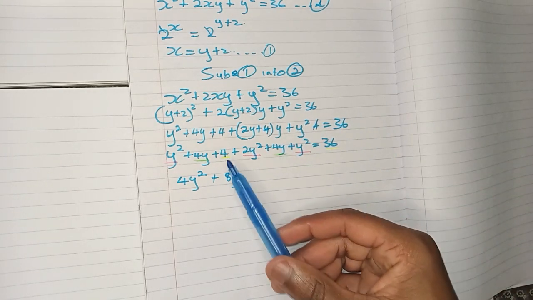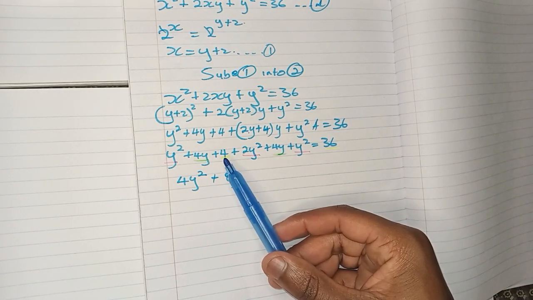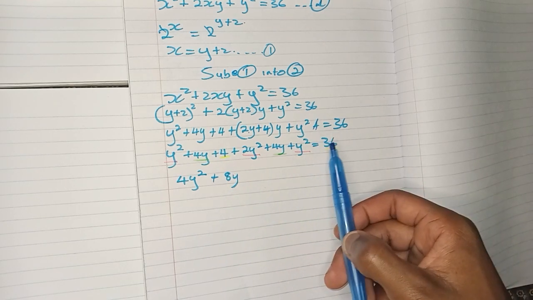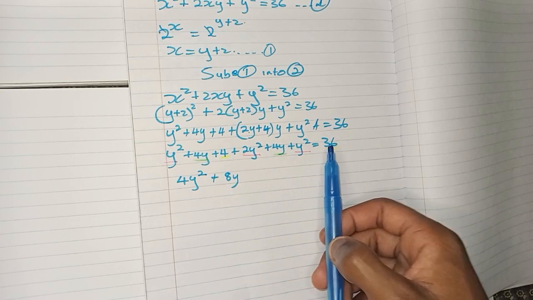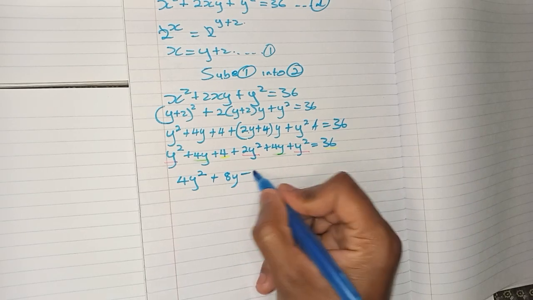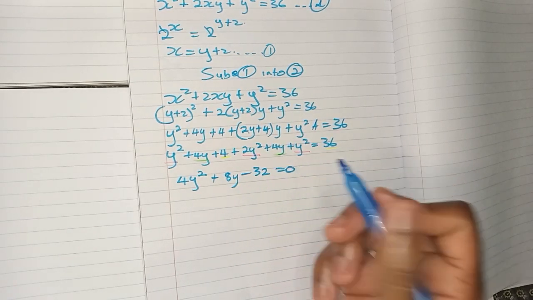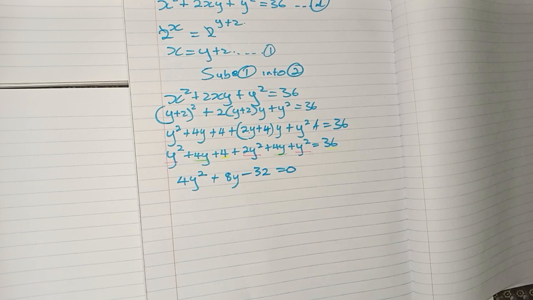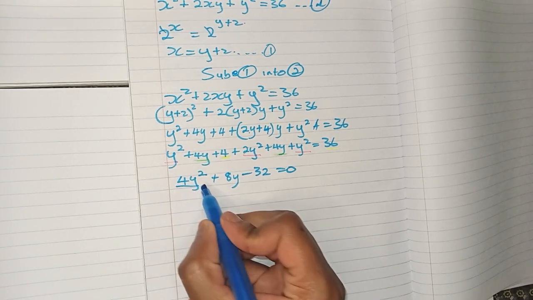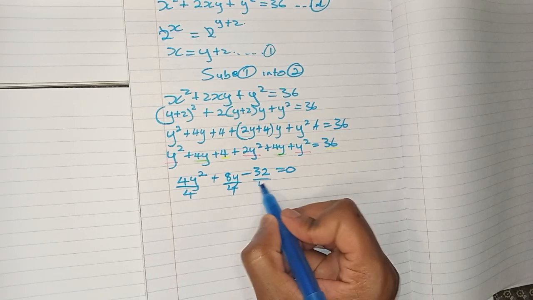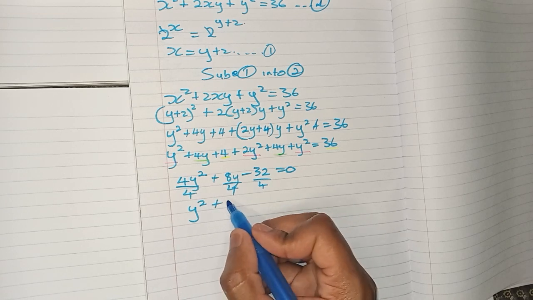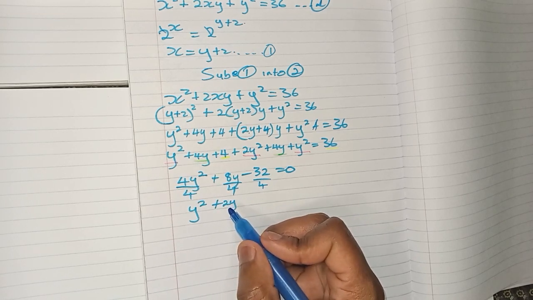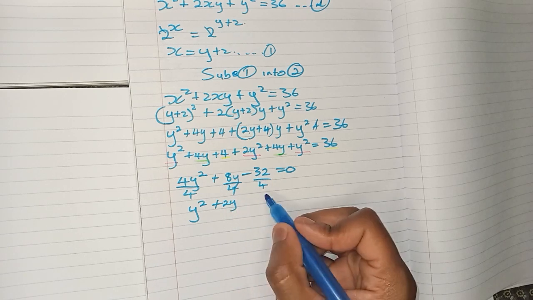And we also have 4, which can also be added with this, but it changes the sign, so it's going to be 4 minus 36, so it's going to be minus 32 is equal to 0. So let's try maybe divide by 4, because it looks like we are winning. We divide by 4. All right, it's going to be y squared plus 2y minus 8.